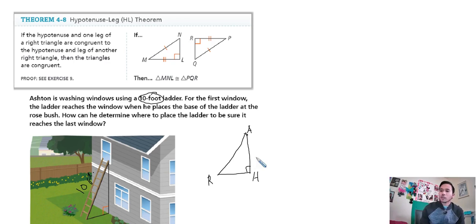So when Ashton moves the ladder, there will be another right triangle. Let's say he moves it, and let's put this one as BK, and they form a 90-degree angle.